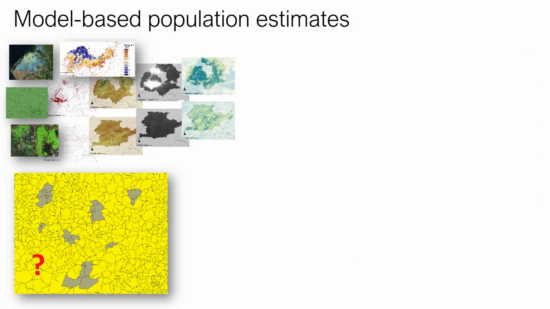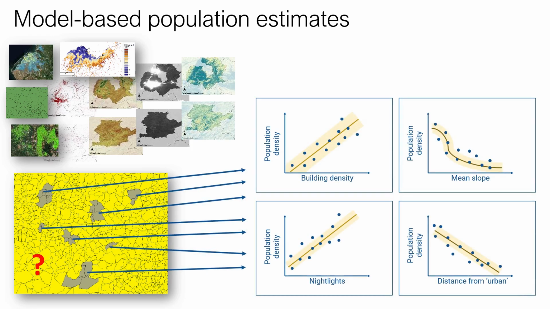And so what we're doing in simple terms is looking at the statistical relationships between where we do have the population data that we trust and this set of 100 or more geospatial data sets. So just showing here examples where population density in the places we can measure compared against building density or against slope or against night lights.